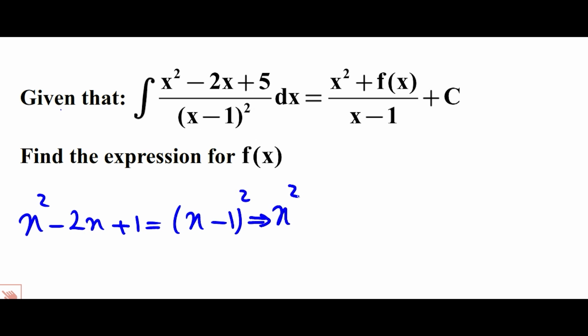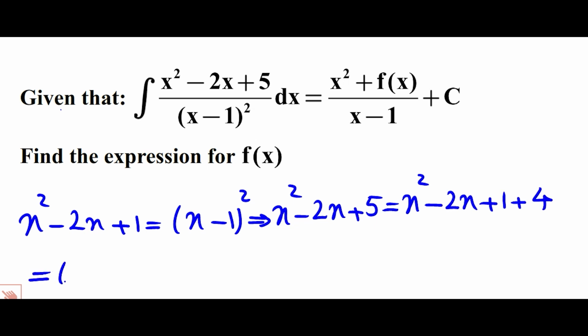So x squared minus 2x plus 5 equals x squared minus 2x plus 1 plus 4, which equals (x minus 1) squared plus 4, right?